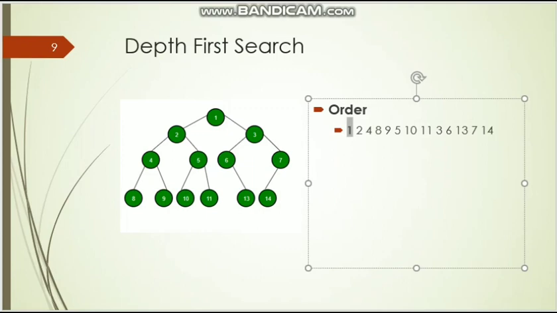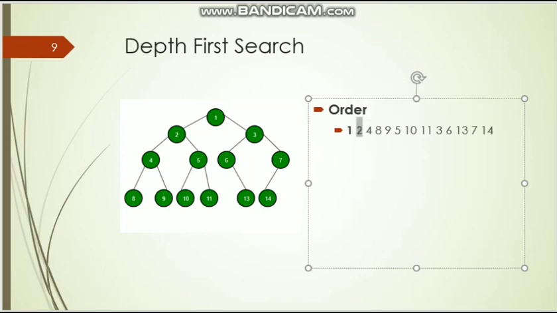We will not select multiple nodes together from the breadth; we will select one after another. We follow the pattern from left to right in this method, but we expand one by one. So after 1 we select 2, and we write 2 over there.